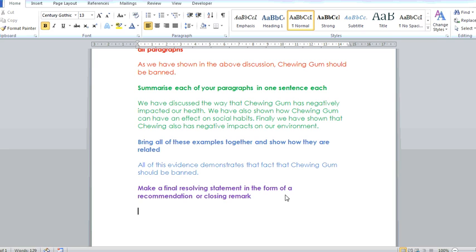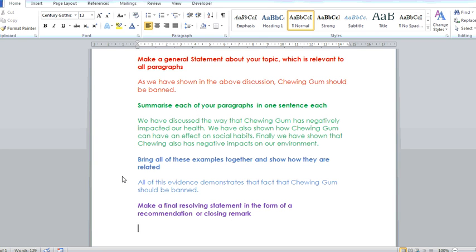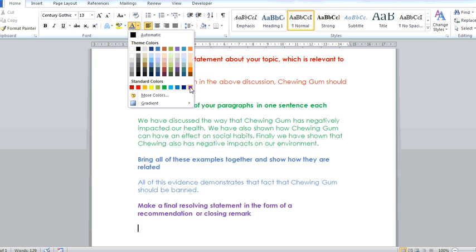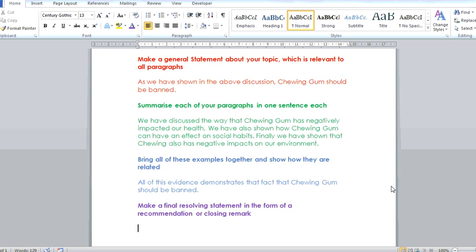And last but not least, it's usually a good idea to make a final resolving statement, and it's usually in the form of a recommendation or closing remark. I suppose the key to think about is, what do you want people to actually do now that they have read your piece?